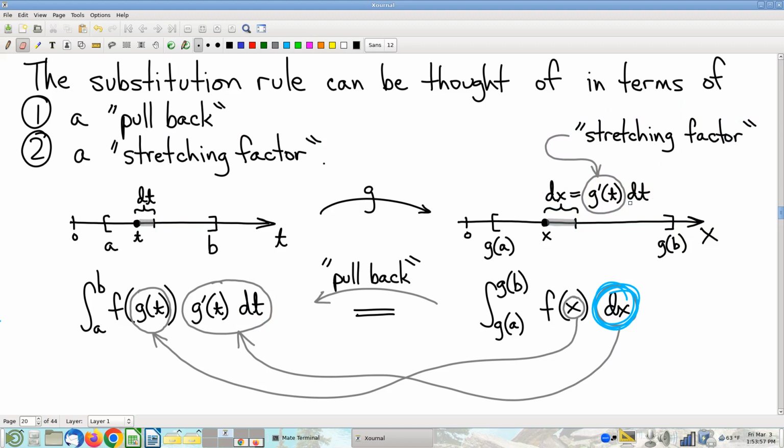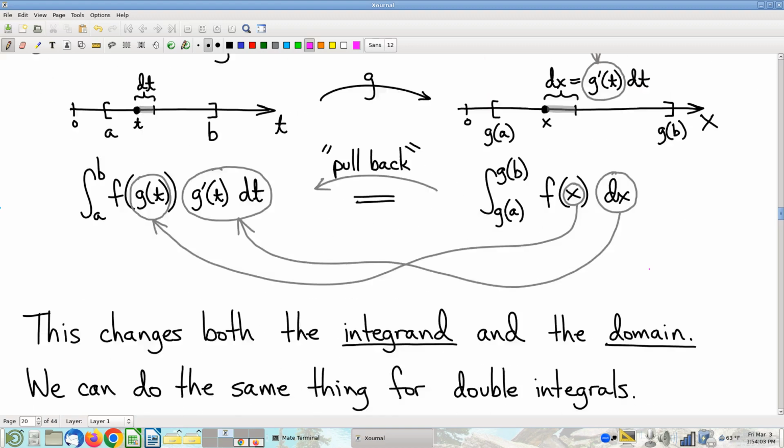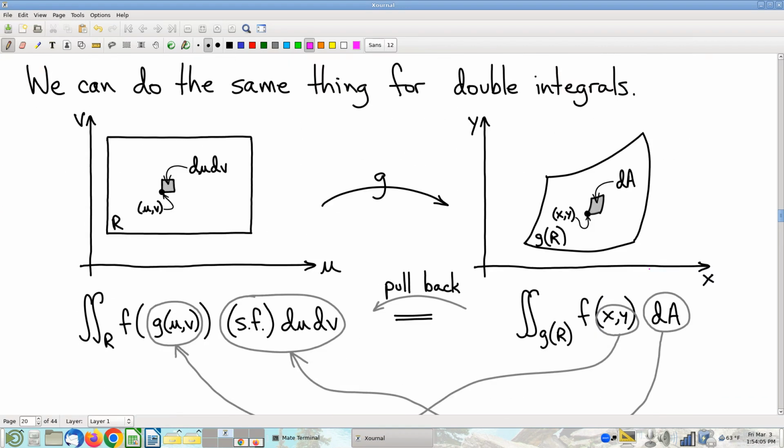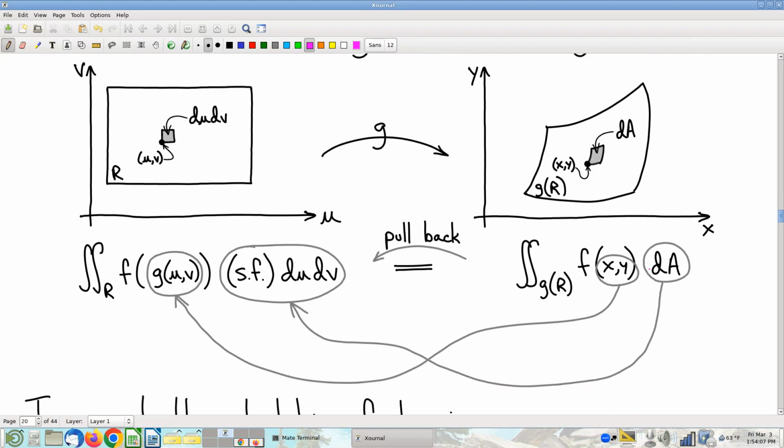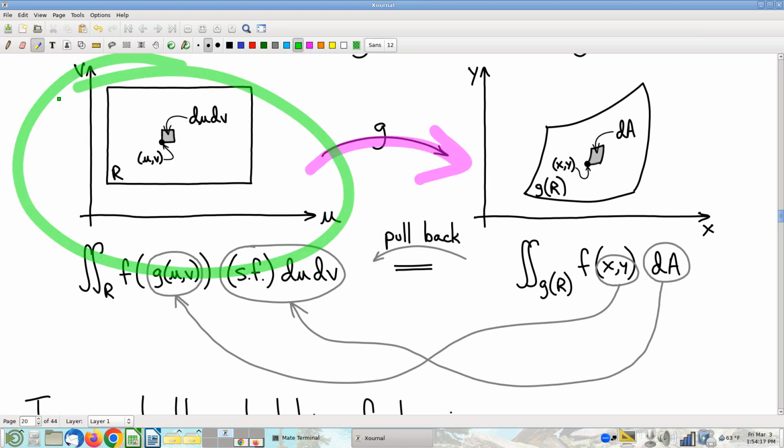Now, what we're going to do is try to do morally the same thing in 2 dimensions. So here's what that picture looks like in 2 dimensions. Instead of having a single variable function with one input and one output, now we've got a function that has a 2-dimensional domain and a 2-dimensional target.